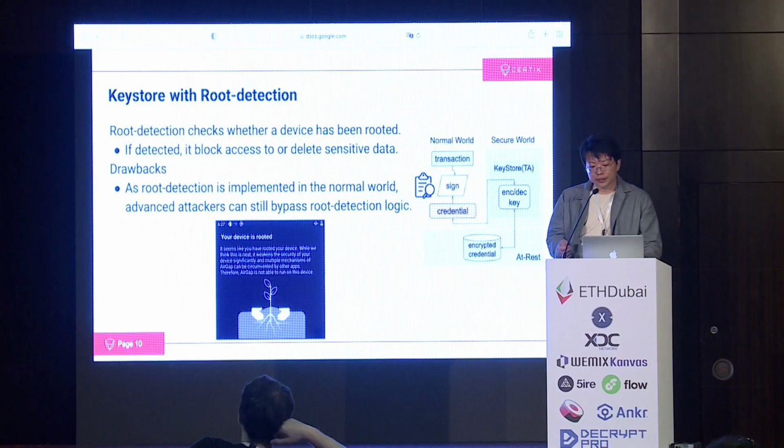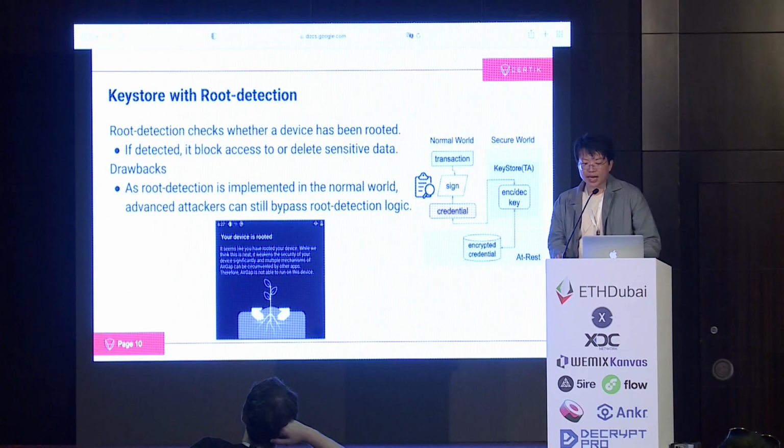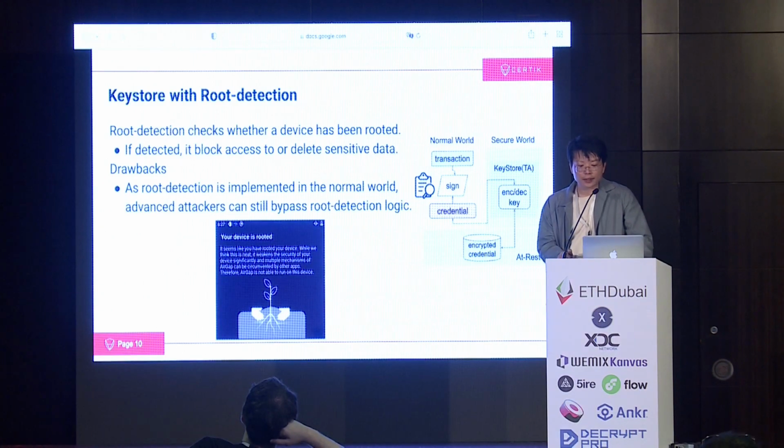An incremental enhancement to the Keystore solution is adding a built-in root detection to the wallet app. This means that the wallet app implements logic such as checking the device integrity to determine whether the device has already been compromised. If it detects a compromised device, it will refuse to uncover the credentials.